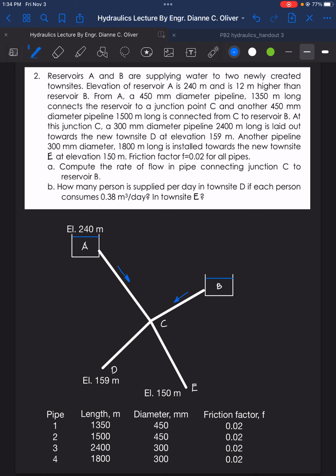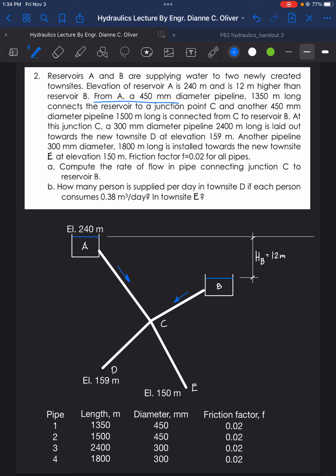Elevation of reservoir A is 240 meters, and it is 12 meters higher than reservoir B. Therefore, HB is equal to 12 meters.